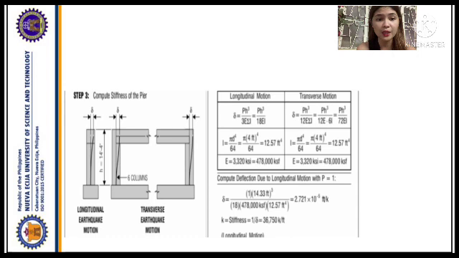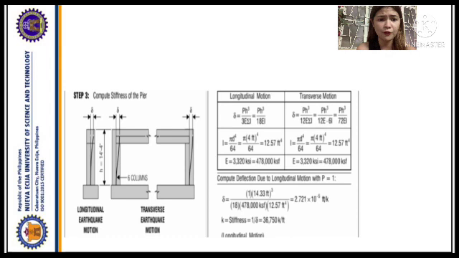The reader should keep in mind that it is the transverse section of the pier with respect to the bridge proper which resists longitudinal earthquake motion, and the longitudinal section with respect to the bridge proper that resists transverse earthquake motion.